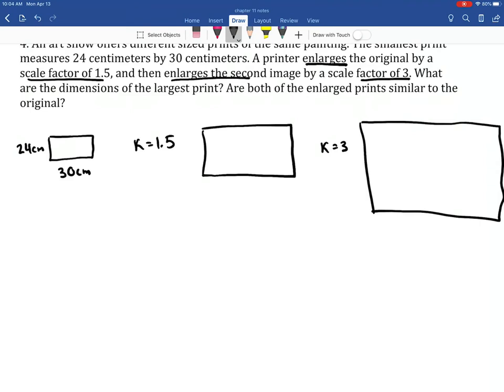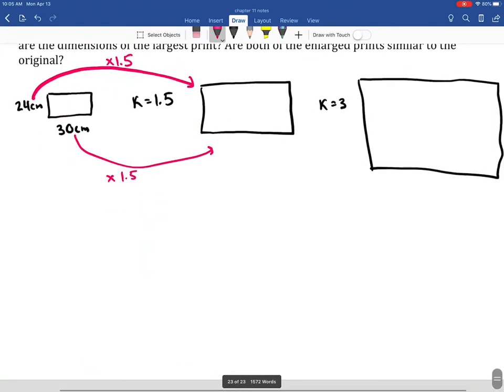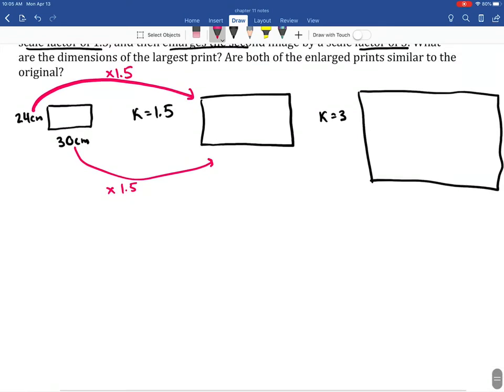What are the dimensions of the largest prints? Are both of the enlarged prints similar to the original? Okay, so let's solve for these first. This one would give me 24 times 1.5 and 30 times 1.5. Multiplying by 1.5 is going to be the same as multiplying by 1 and then by a half. So 24 times 1 is 24, and half of 24 is 12.